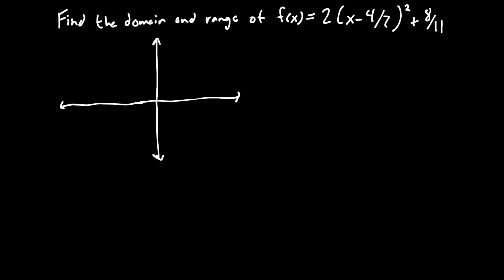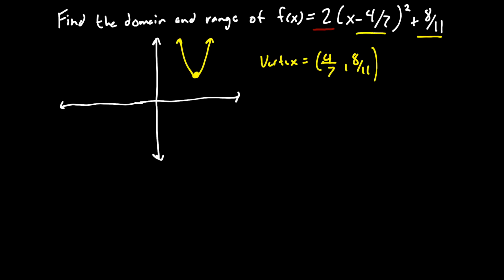Again, we know that this 2 indicates that our parabola is going to open up, and these points correspond to our vertex. So the vertex of this parabola is 4 divided by 7 and then 8 divided by 11. This lies in the first quadrant, and since our parabola opens up, we have a picture that looks like this.